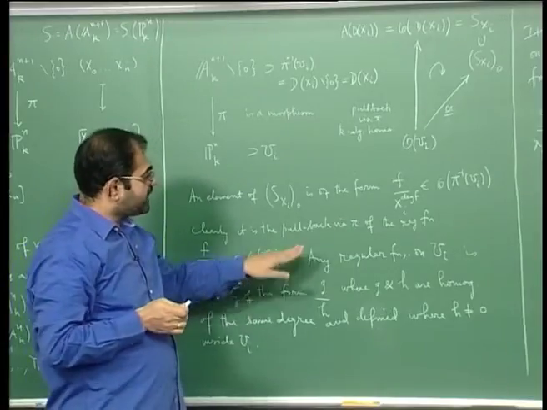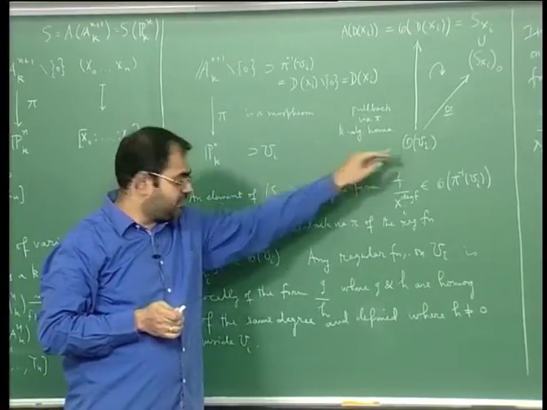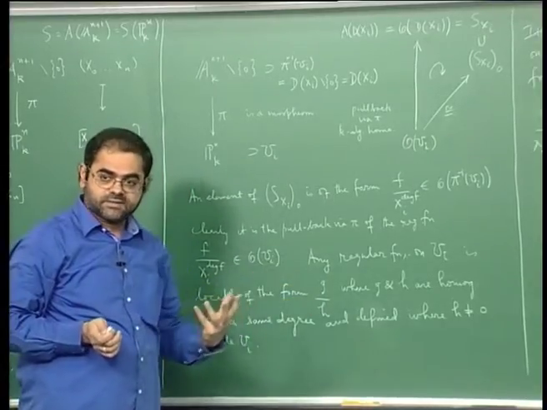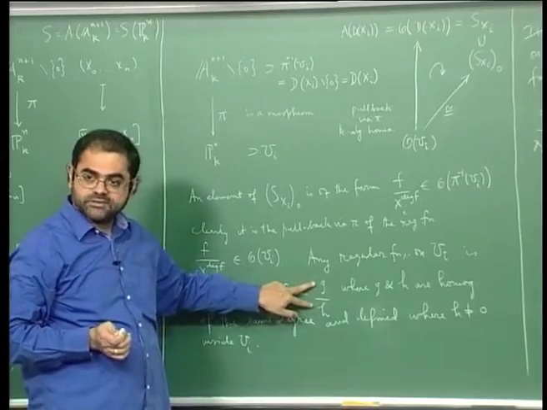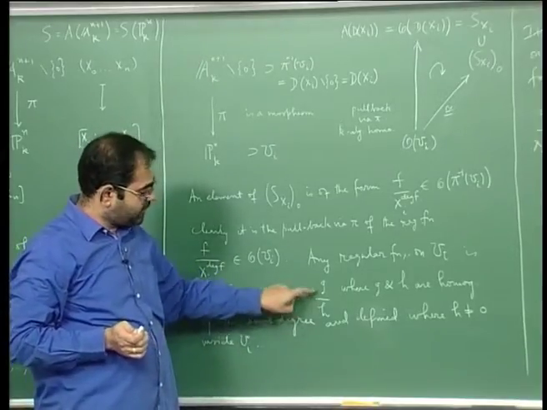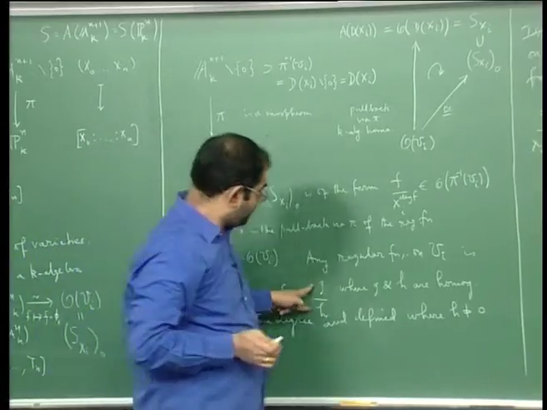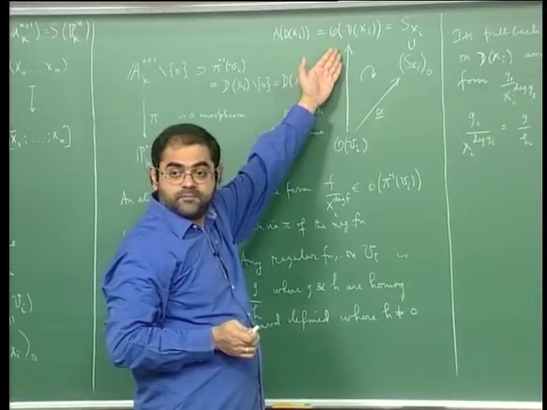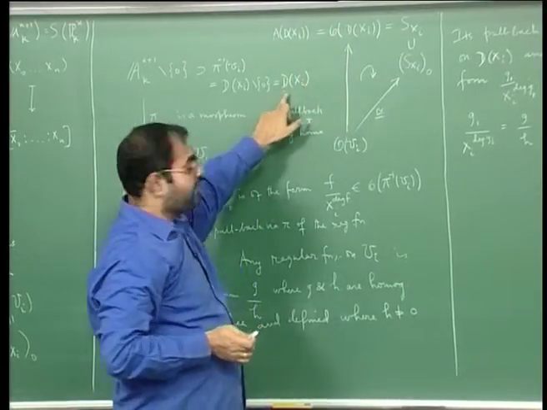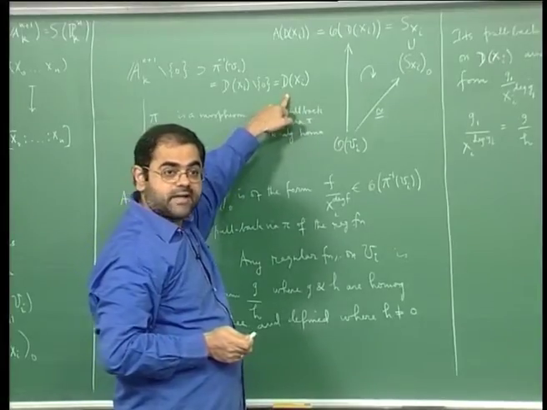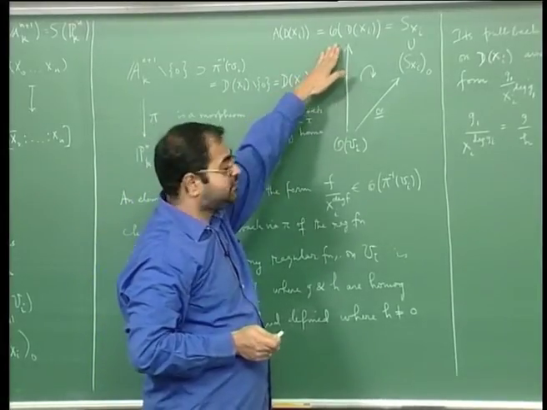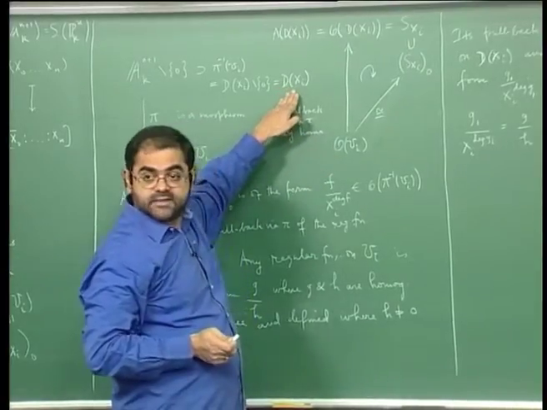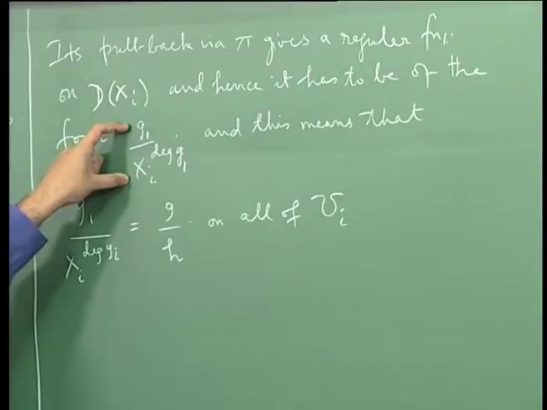Therefore I start with a regular function here, which is locally of the form G by h. It may have many local representations, but I am taking one such representation G by h, where G and h are homogeneous of the same degree. Now if I pull this function back locally to the punctured affine space above, I will land in dxi, and the pullback will be a regular function on dxi, which has to be of this form.